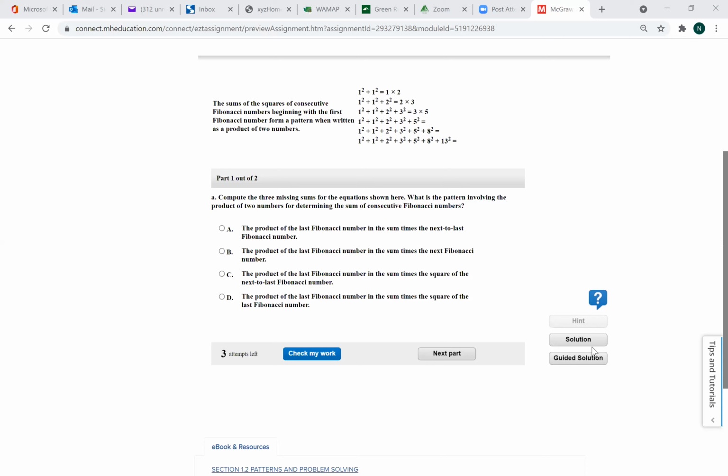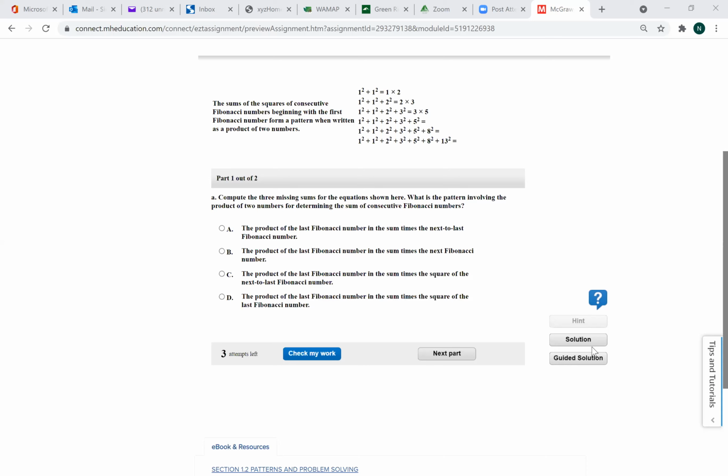But we've got 25 plus 9, because 3 squared is 9, plus 4 plus 1 plus 1, so plus 2. So we come out with a total of 25 and 9 is 34, 38, 40.